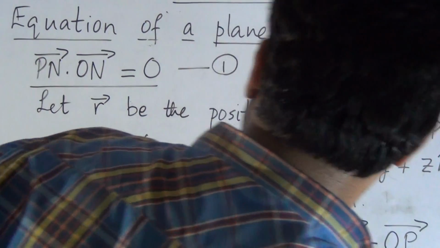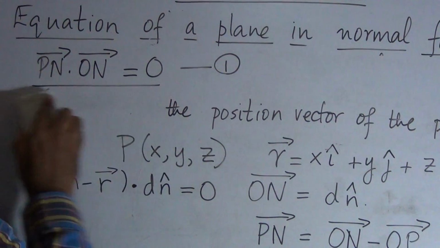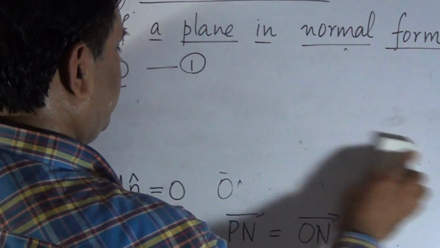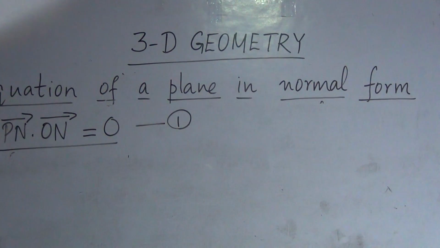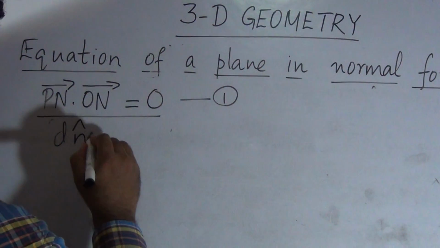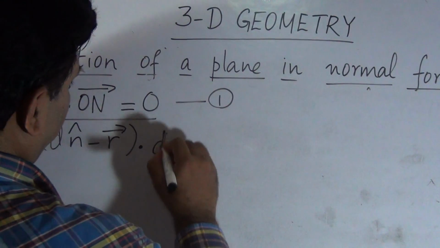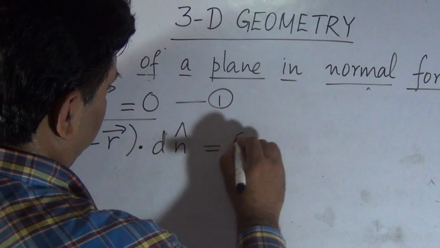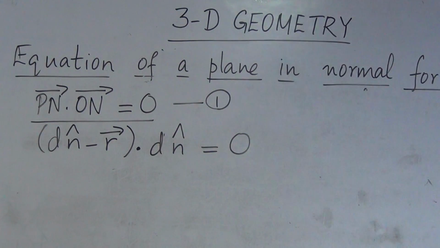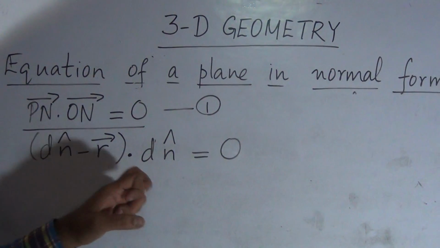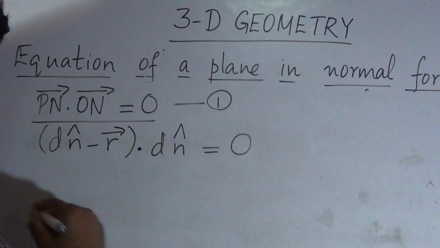So let me write this again. d n cap minus R dot product with d n cap is equal to 0. And what does that tell me? Immediately d is non-zero, so I don't have to care for d, I can pull it out.